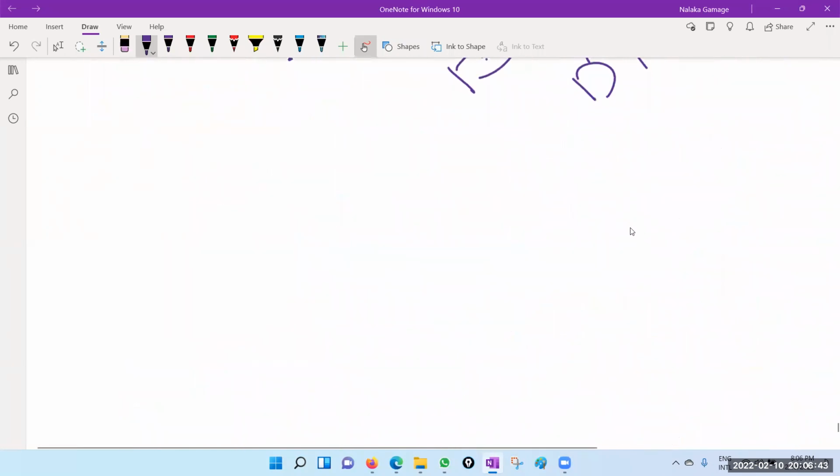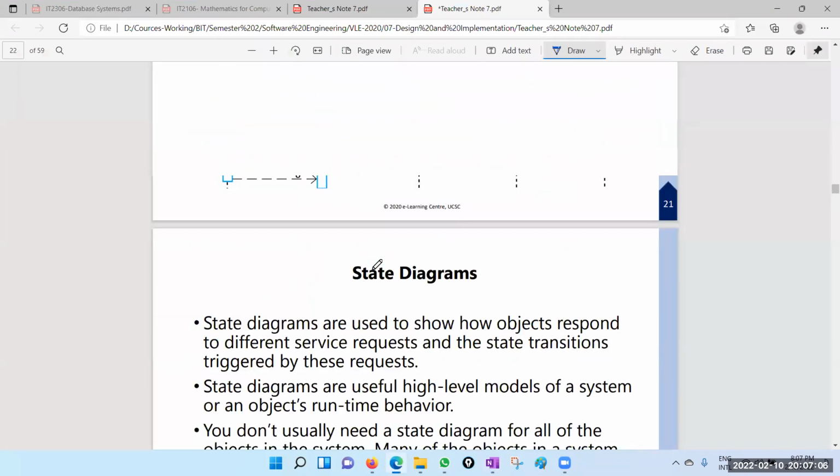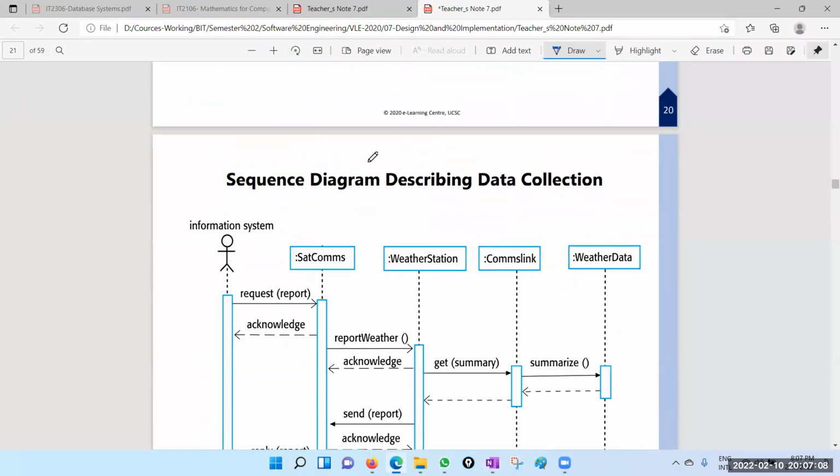So we have to think about how these objects send messages, because this object has to communicate with the other object and say, you do this. Maybe that object may call another object and say, please do this one for me. That is how it happens in object-oriented software. So that is where we have a type of diagram called sequence diagrams.